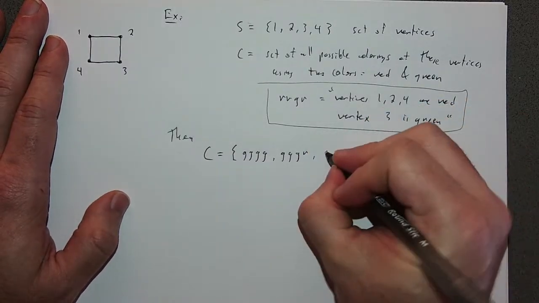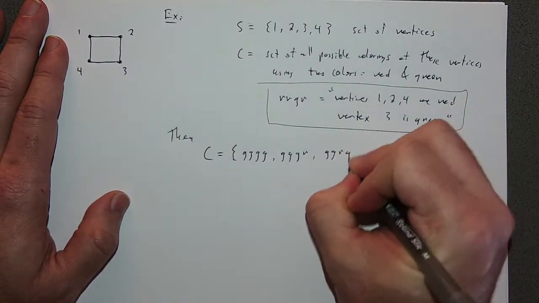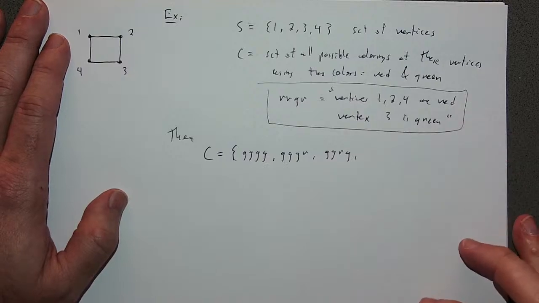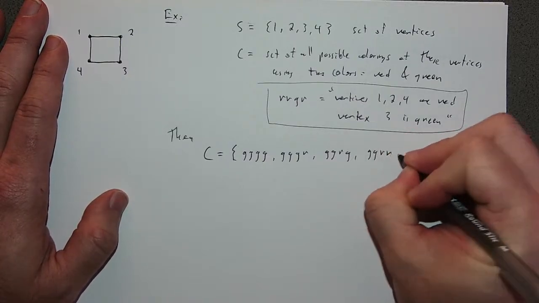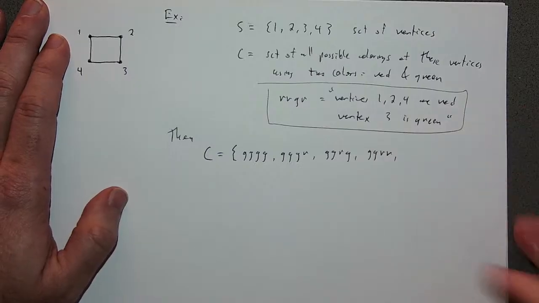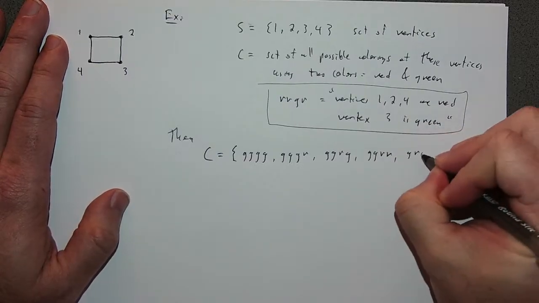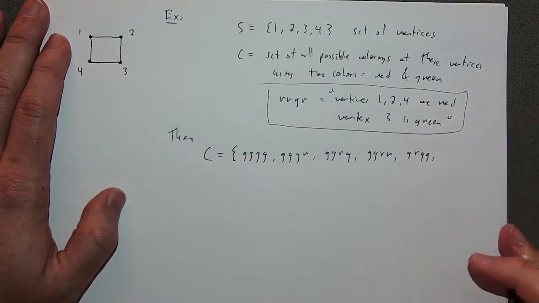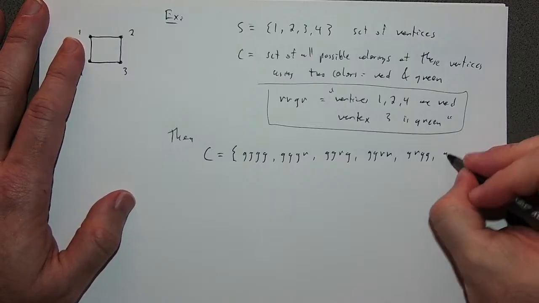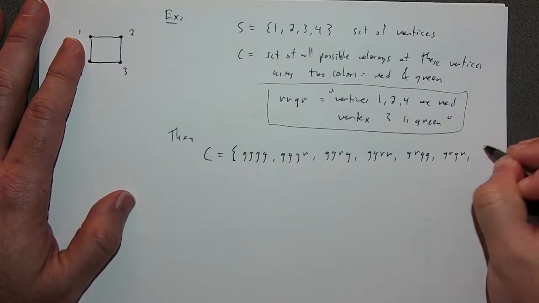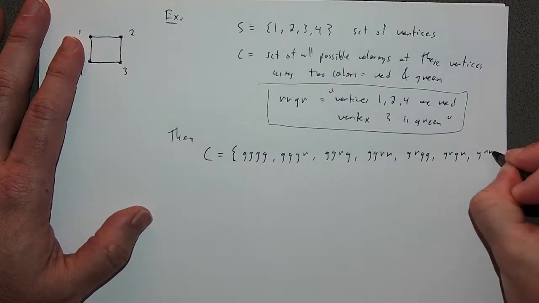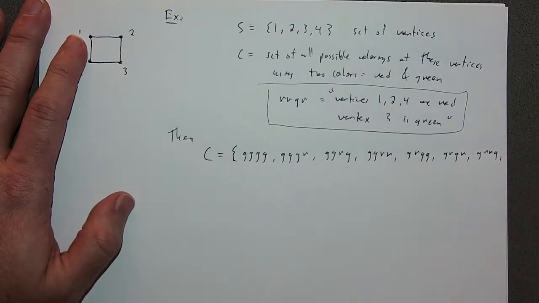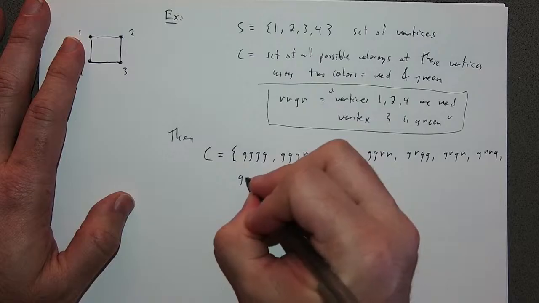Then all of them are green, but the third. Then the first two are green, and the last two are red. Then all of them are green except the second. Then we alternate green, red, green, red. Maybe green, red, red, green. And then green, red, red, red.